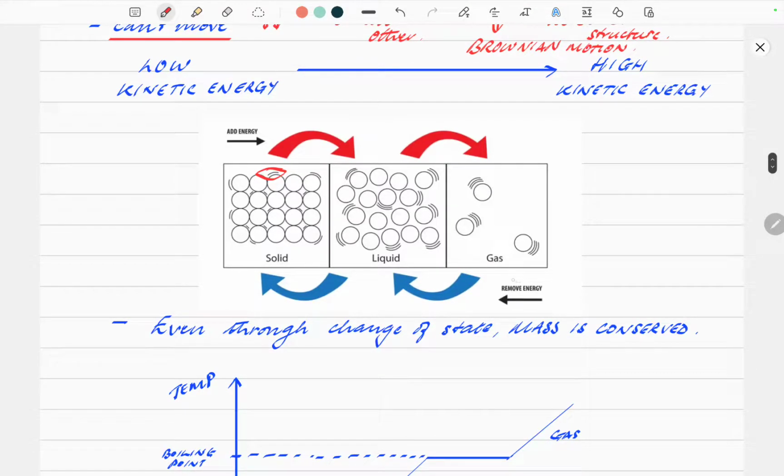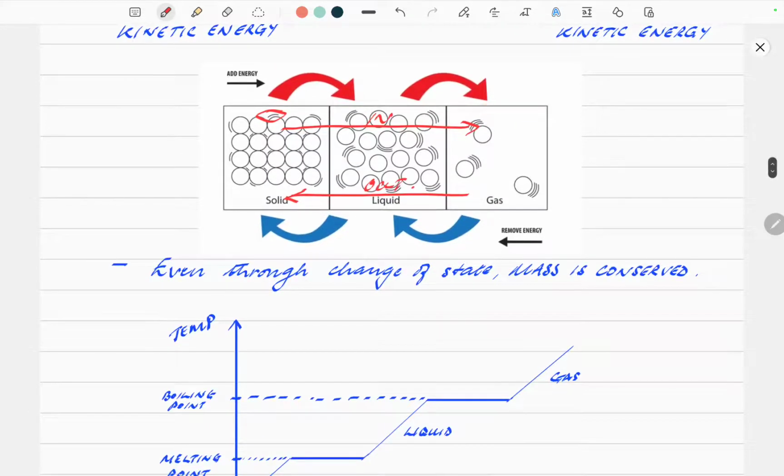Going in this direction, you are adding energy, and this way you are taking energy out, removing energy.